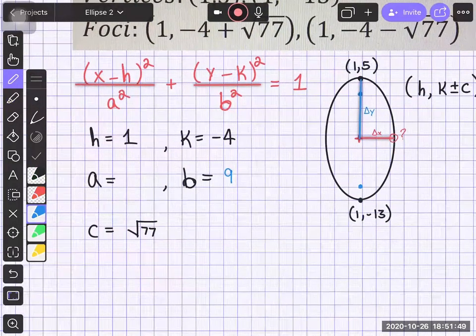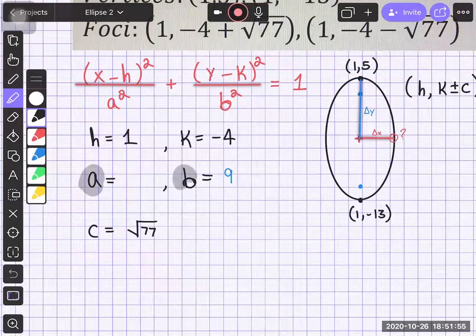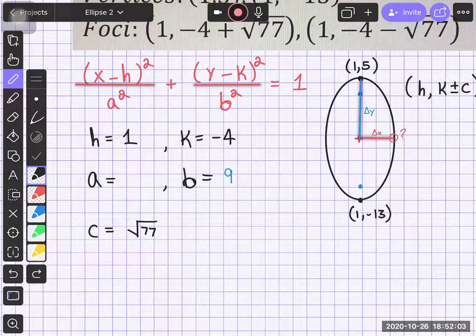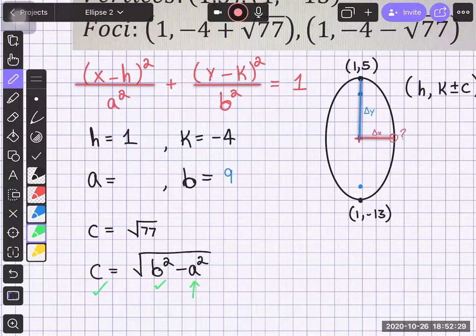Now, if you take a look at your formulas, there is a relationship between these three variables, a, b, and c, and it is based on the Pythagorean theorem. In this case, the formula tells us that whenever we have a vertical ellipse, c will be equal to the square root of b squared minus a squared. So now we have the value for c and the value for b, so it's just a matter of isolating a.